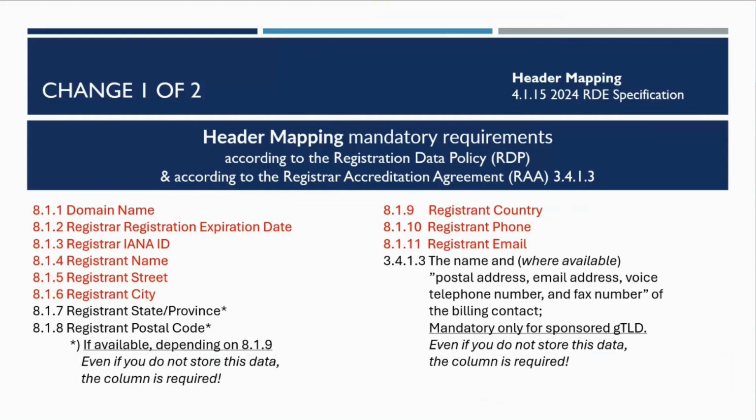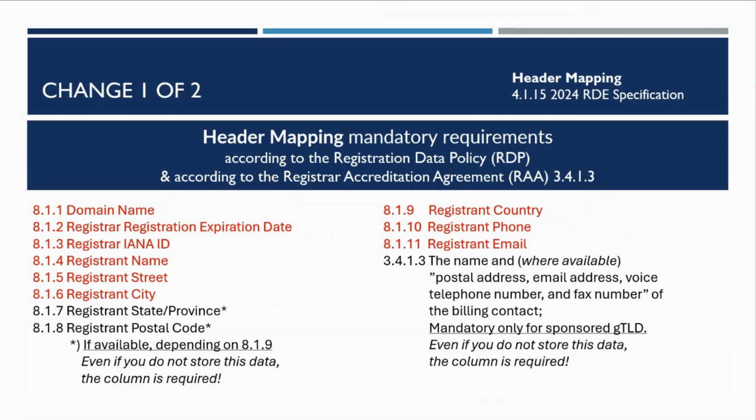There are two changes. This is the first change. It is mandatory to use a header mapping, and here we are showing you the requirements that are mandatory. We have written in red the items that are necessary, like the domain name, the expire date, the IANA ID, and so on.